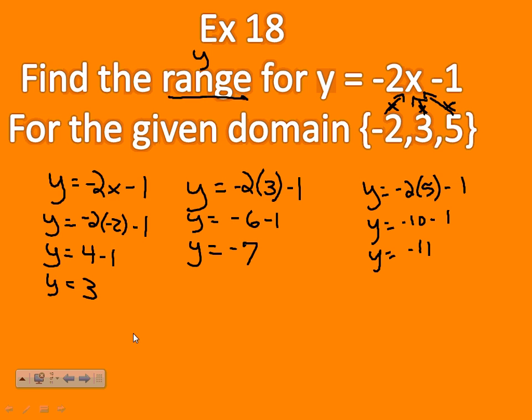I want to see that you can work your order of operations out, because what happens on the SOL if I just let you plug it all in the calculator? You've got your calculator you can use, but there might be other types of problems where you have to use your order of operations. You follow? Yes? So I'd like for you to make sure you practice your order of operations. Okay?